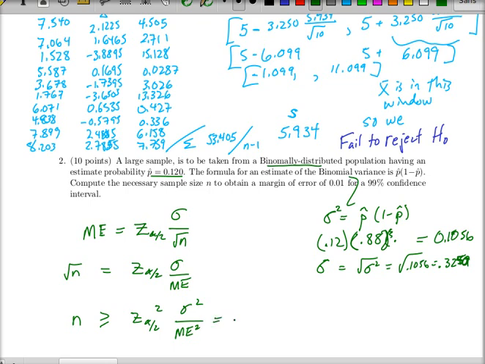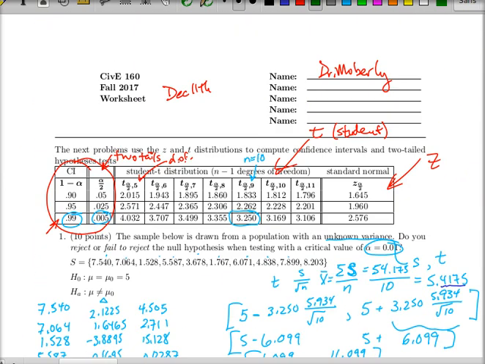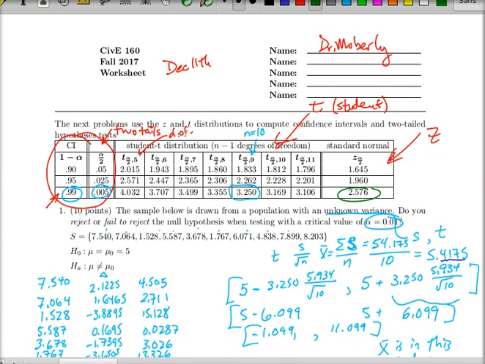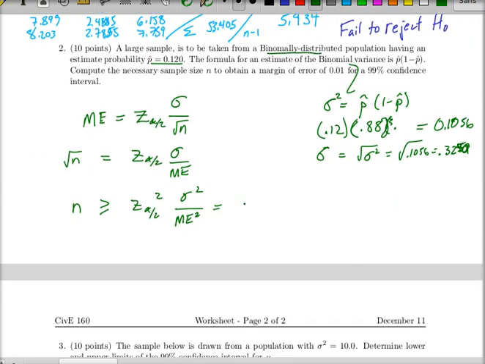And now this is going to come from the 99%, which is 2.576. 2.576 quantity squared. Sigma is 0.1056.